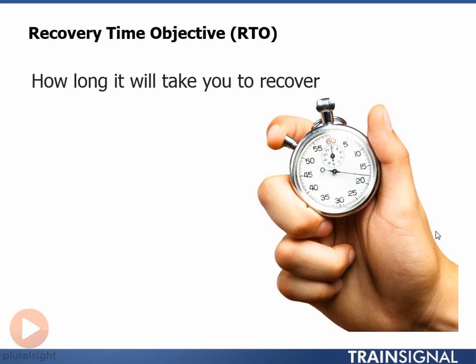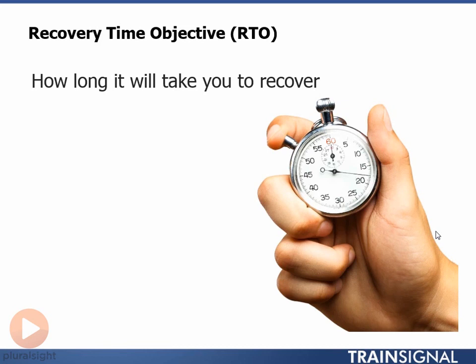So, say we experienced a disaster at 9:05 in the morning and we have an RPO of 5 minutes and an RTO of 2 hours. It'll be 11:05 in the morning before the business should expect to have the service back and available for use, and it should expect that service to be exactly as it was at 9 a.m., 5 minutes before the disaster occurred.